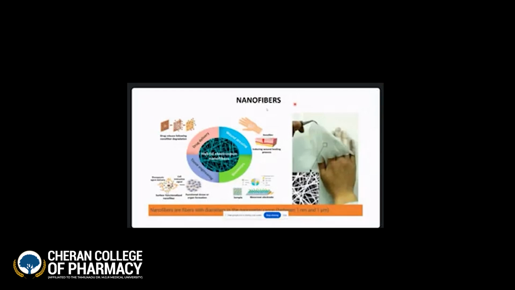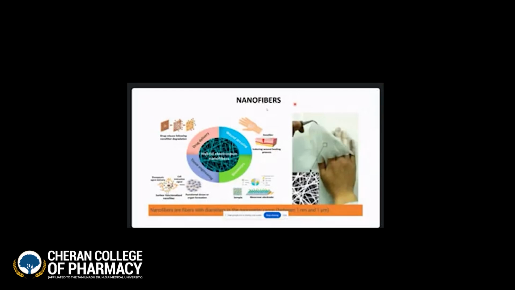Because of that unique structure, when we place the nanofiber on the tissues, it easily attaches to them. It helps the regeneration of the tissues, and fibroblasts and collagen can easily form when we use the nanofiber.